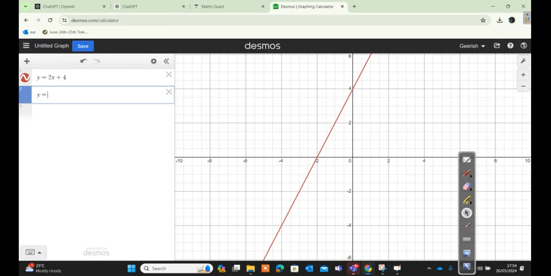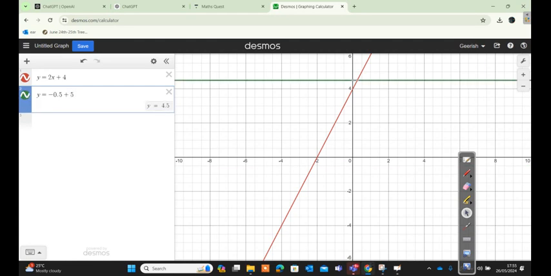So if the gradient is 2, the gradient of the perpendicular line should be -1/2, which is -0.5. So it's going to be -0.5, plus the y-intercept can be anything. So I'm going to write it like that. Okay, plus 5.